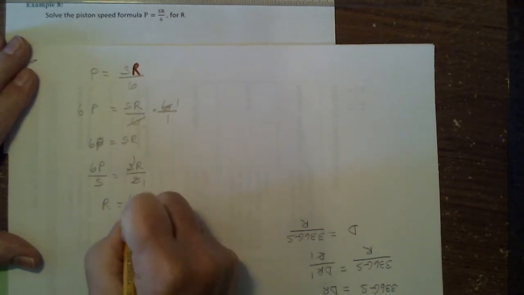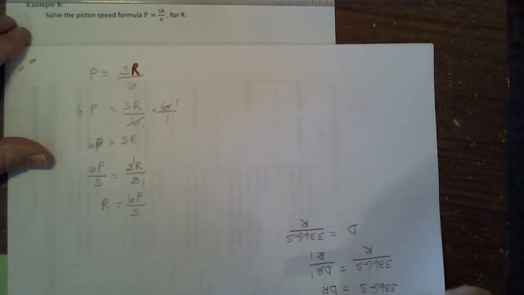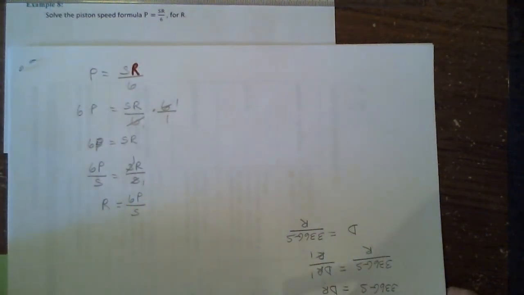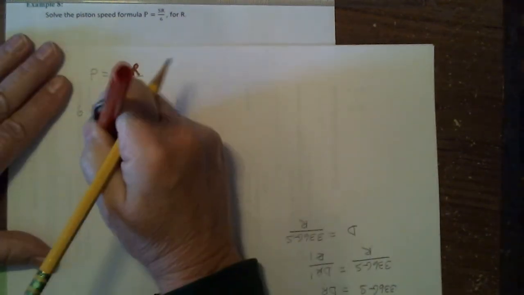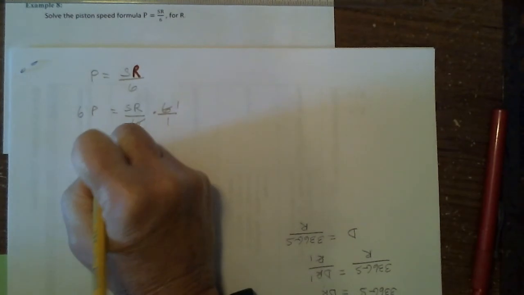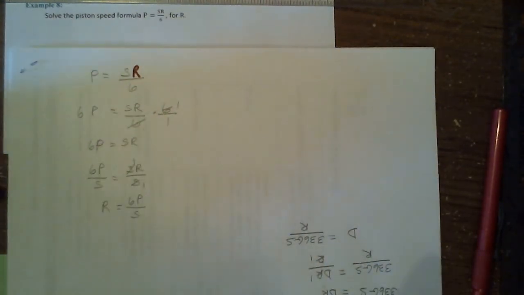R is equal to 6P over S. And I'm done. Nice and clear. Everything in a nice, well, except for that guy. Let's fix that. 6P, nice top-down fashion. Anybody who picks up your work will know exactly what you're doing.